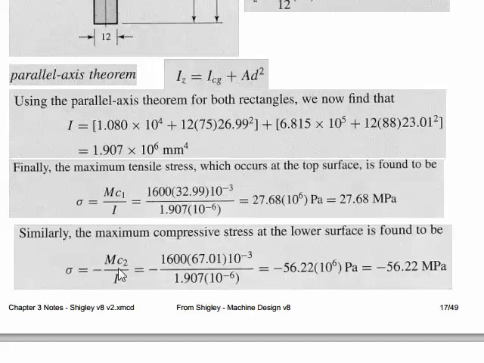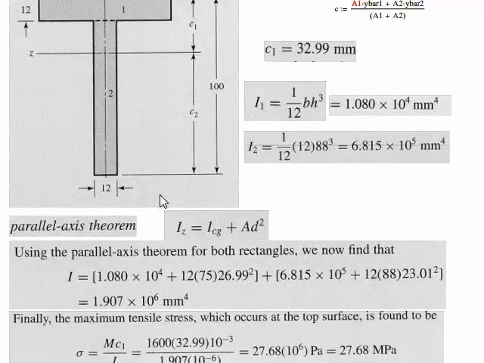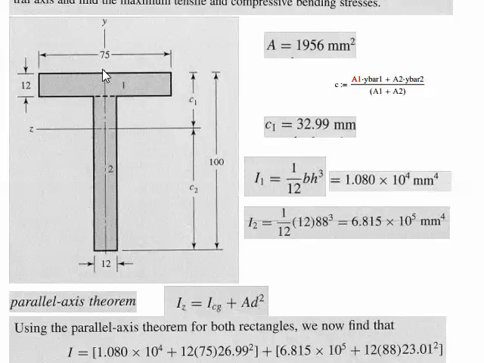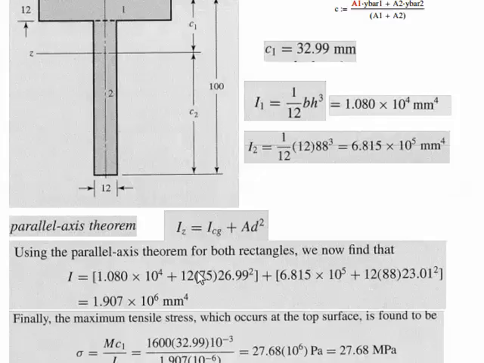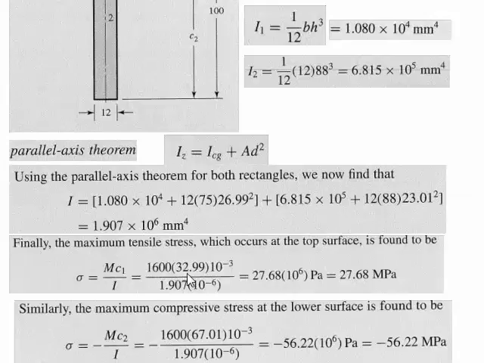So we can do M c over I. The moment was given as 1600. To calculate the stress at the upper fiber, the c distance is the 33, so M times the 33 c distance divided by the overall moment of inertia gives 27.7 megapascals.